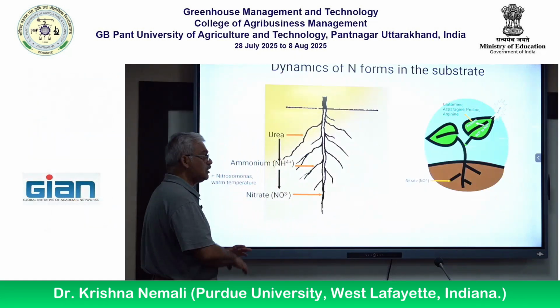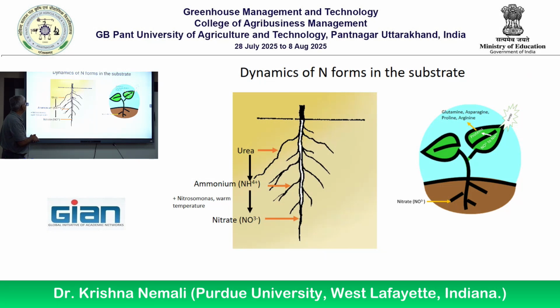Alright, so let's look at the dynamics of all those 3 forms. You can apply urea, you can apply ammoniacal form, but both urea and ammoniacal form can be directly taken by the roots, or urea gets converted into ammoniacal form in the soil with the action of bacteria, and from ammoniacal form it can get converted to nitrate using nitrosomonas and warm temperature.